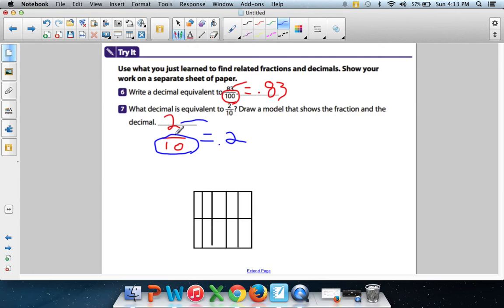Now with 2/10, how many should be shaded? I think 2 should be shaded. Well, guess what? You're a genius! 1, 2. That's 2/10. 2 out of 10. Both this fraction and this decimal equal that picture.